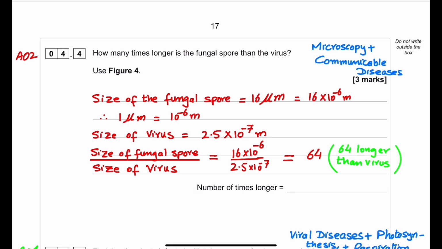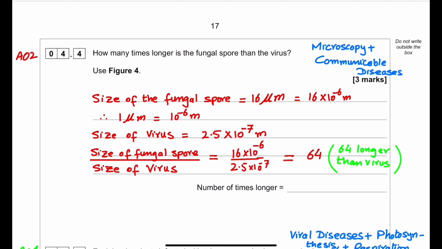We want to see if the fungal spore is larger than the virus, so we look at the ratio between them. If the answer is greater than 1, then the fungal spore is larger than the virus. So we took the ratio of size of fungal spore to size of the virus.